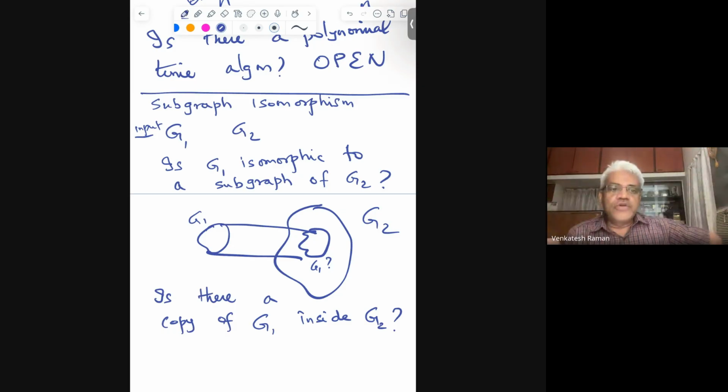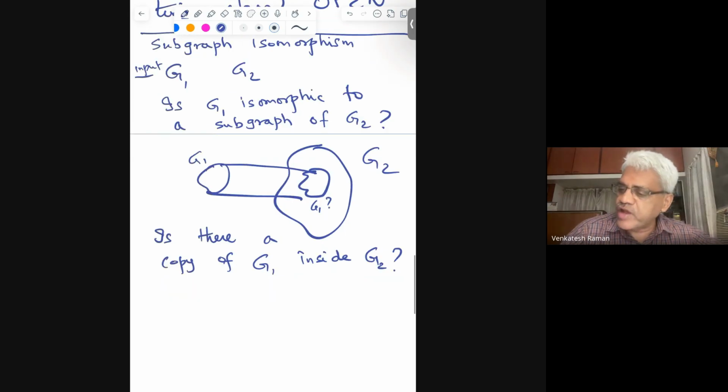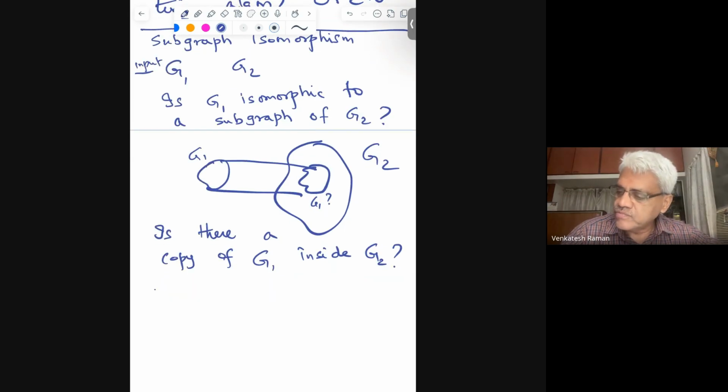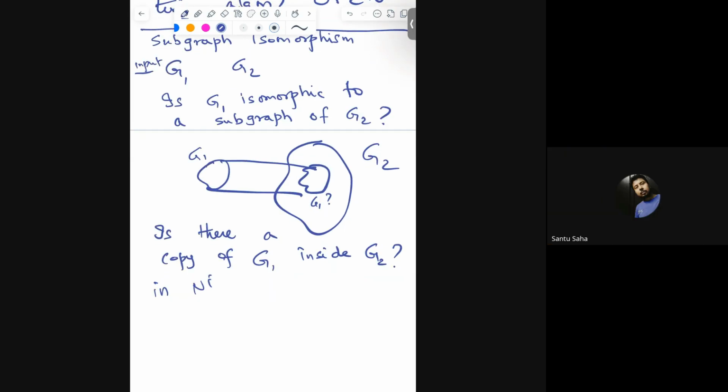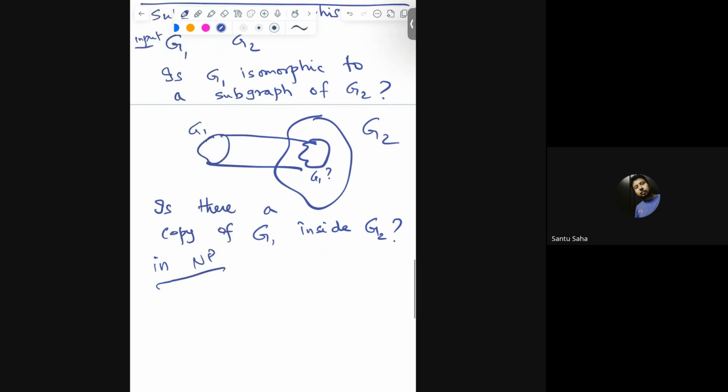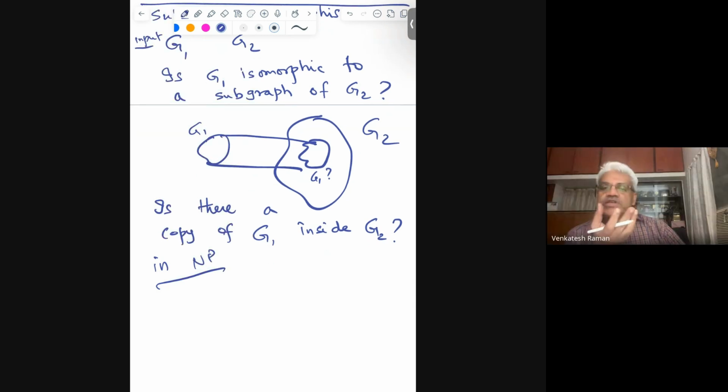Okay. So first, how do you show it is in NP? Suppose the answer is yes. How do you verify it? What is the proof you will give? To show NP, you have to give a proof for the yes answer, and the proof has to be verifiable in polynomial time. So what is the proof?